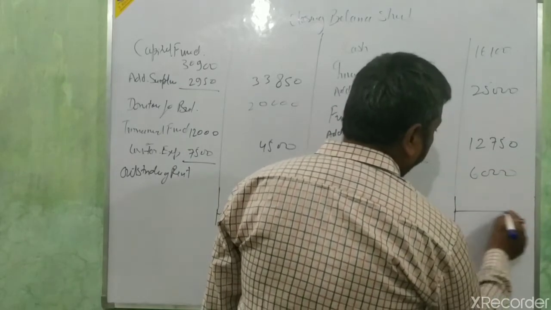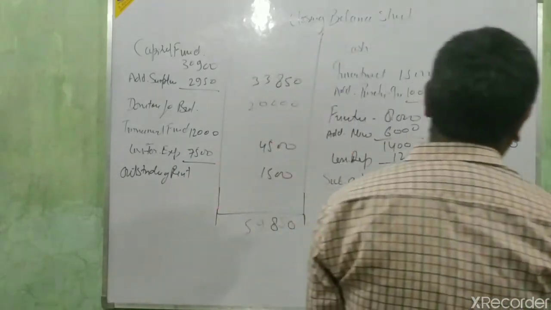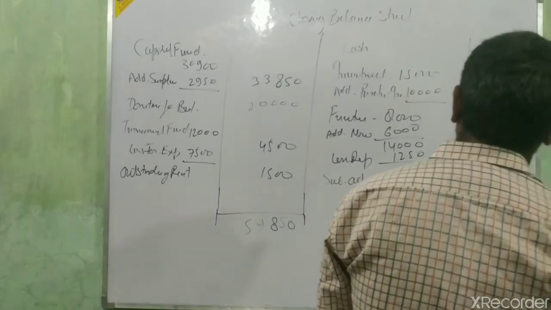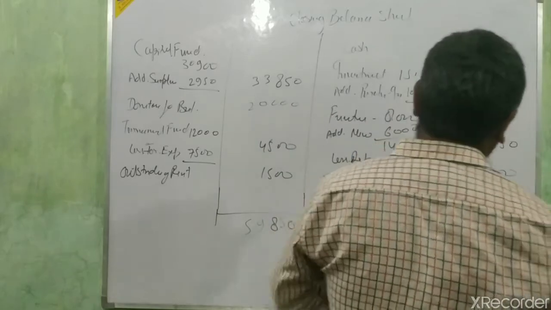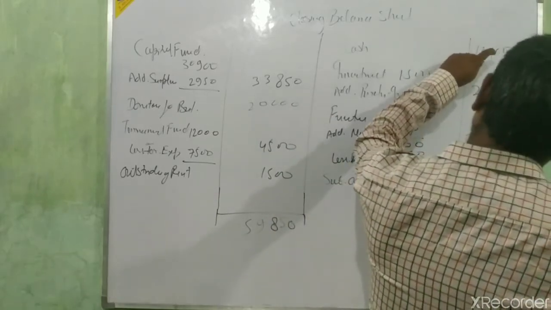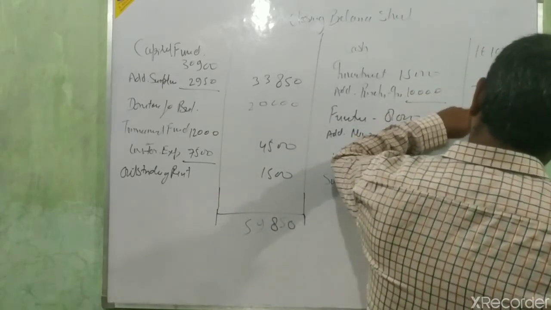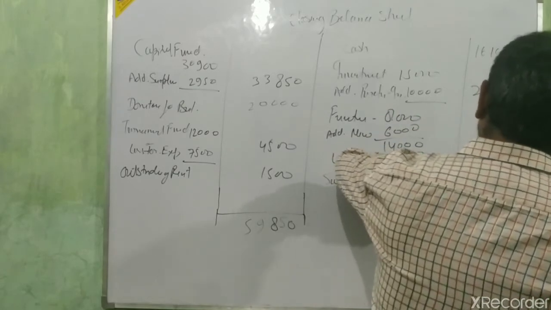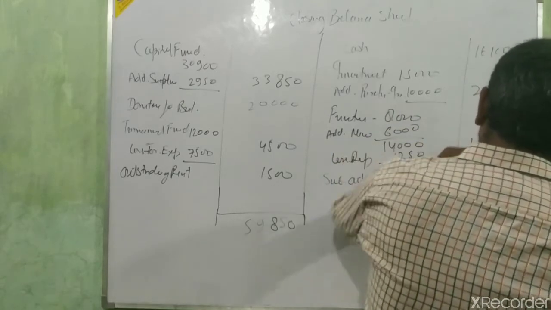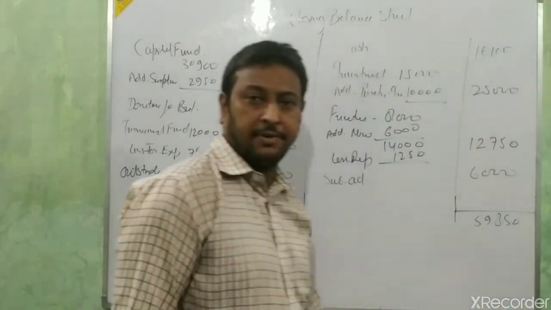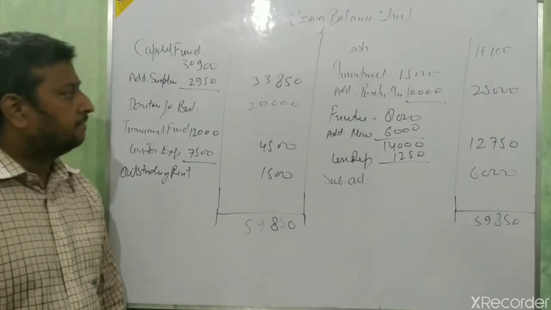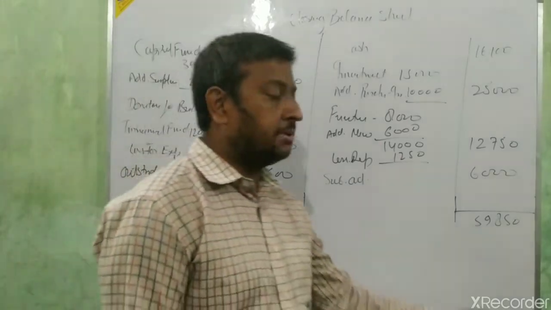The total is 10, 20, 40, 50, 51, 57, 59,850. Now both sides are equal.